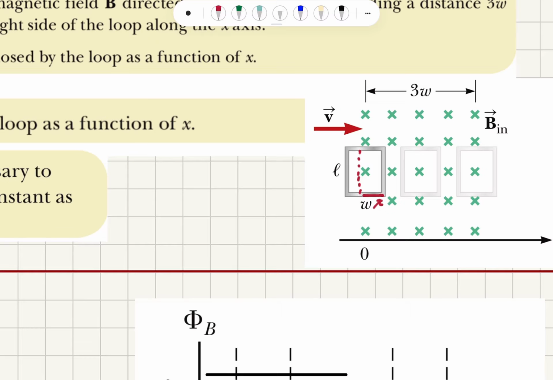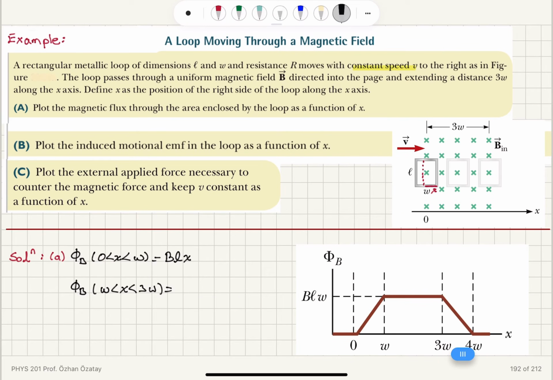So when x is equal to 3W, we will have the right side touching the end of this region. So it's going to be basically BLW for all of this scenario. So all of the area will be inside the magnetic field. So it's going to be BLW.